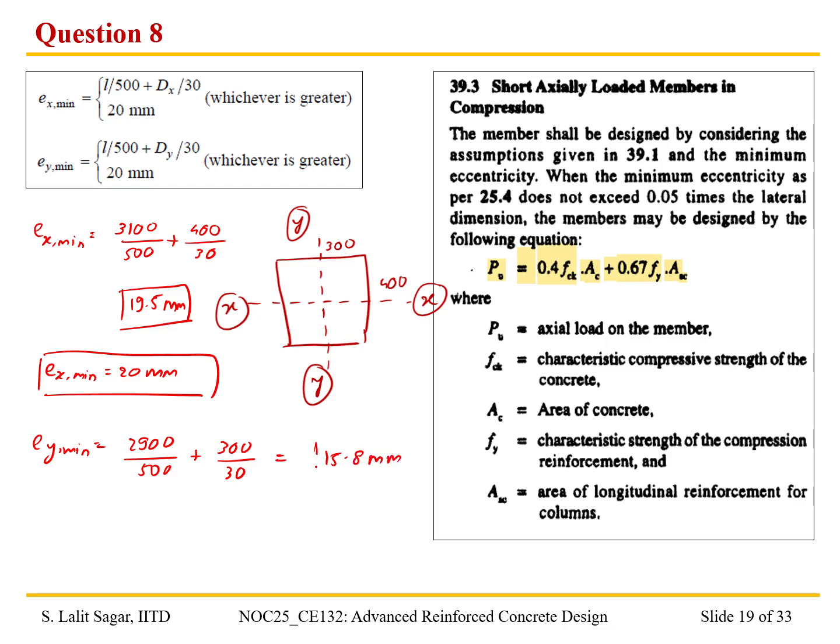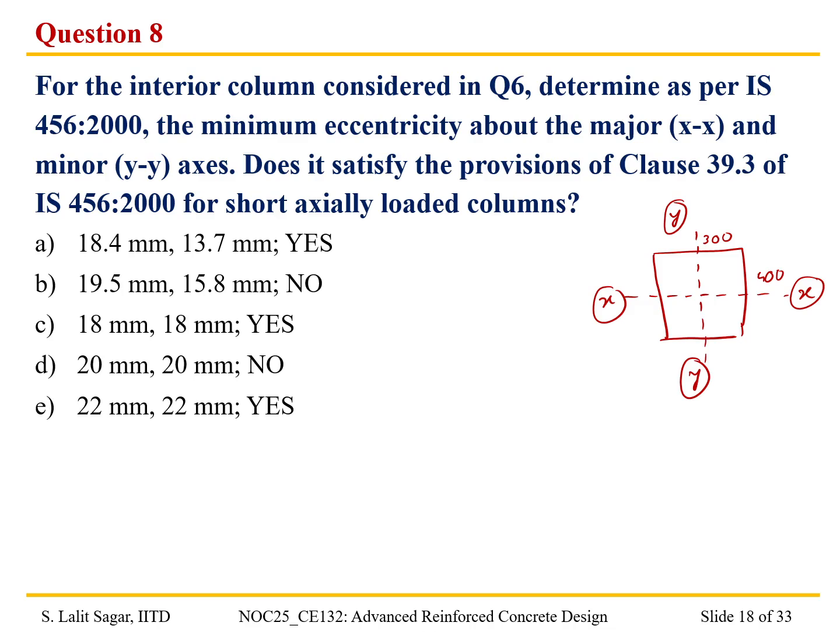But we know that it is less than the value of 20 millimeter, so we're going to take Ey min as 20 millimeter. So the minimum eccentricity about both the x-axis and the y-axis is 20 millimeter each. Okay, so option D seems to be the correct answer, but let us evaluate the next part of the question.